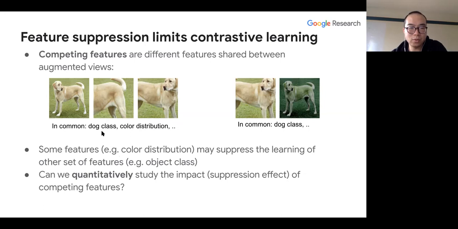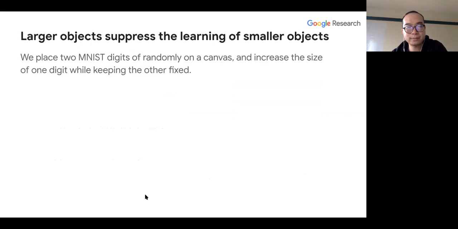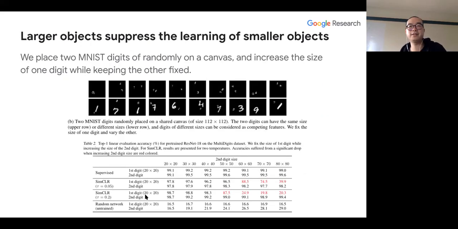So what we want to do here is quantitatively study the impact of feature suppression among the competing features. And to do that, we create different data sets. We basically have 3 data sets. The first data set that we create here is still the multiple MNIST digits, in particular 2 MNIST digits in the image.